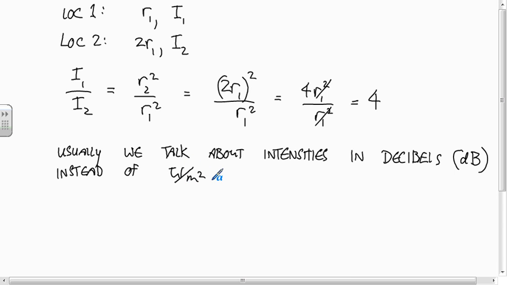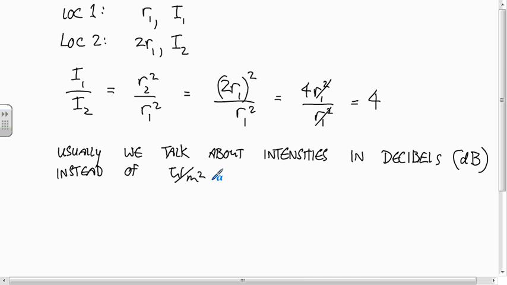And the reason that we do that is that there's a huge range in the intensities, if you're measuring in watts per meter squared, of what the human range of hearing is. Like a much bigger range than we're used to dealing with in other units of measurement.